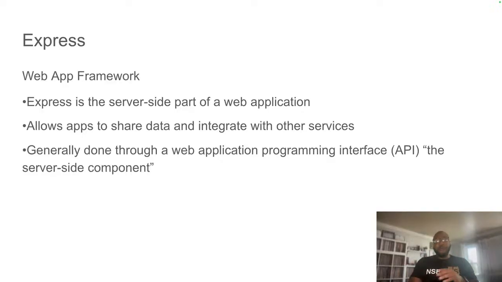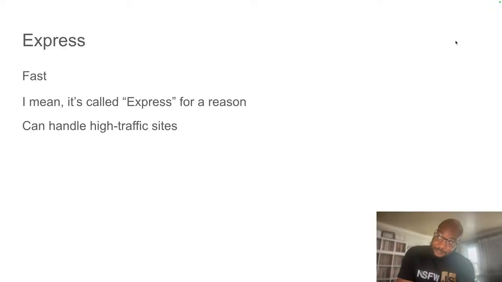And I mentioned previously, you had to know a completely different language. You maybe had to learn PHP or Java to do back end development. Well, now you can do it all with JavaScript, and you can do that through Express. I mean, its name is Express.